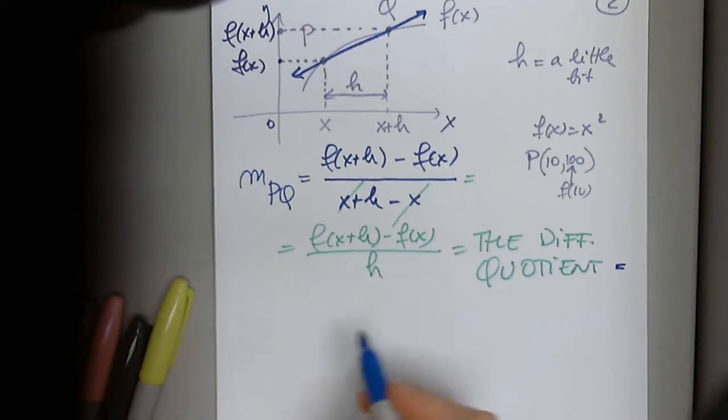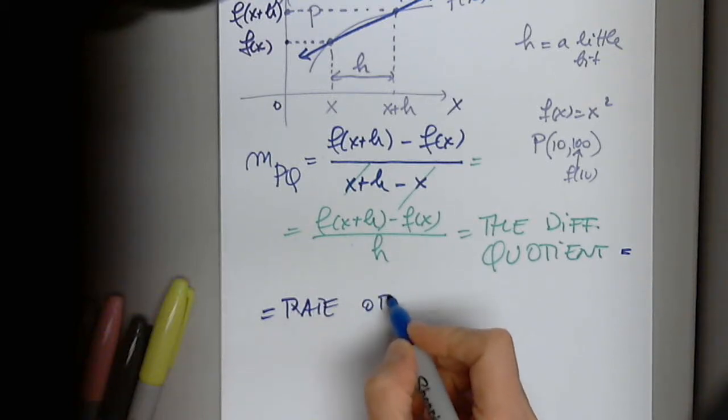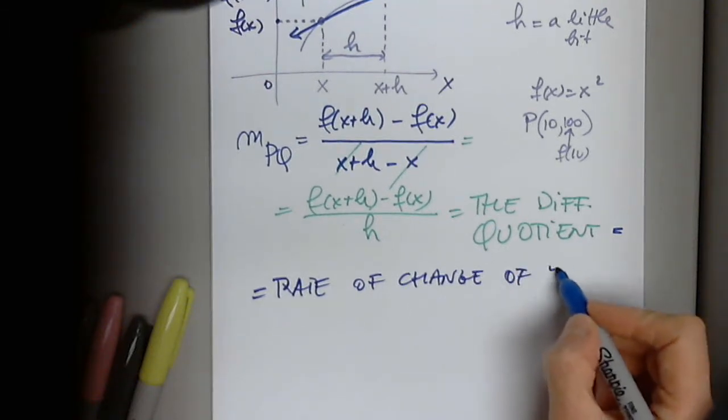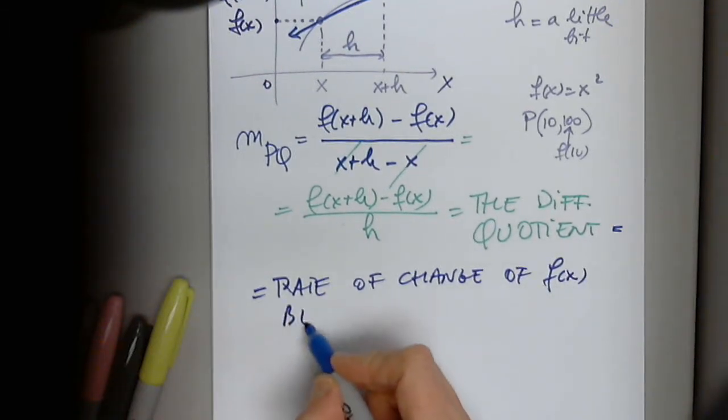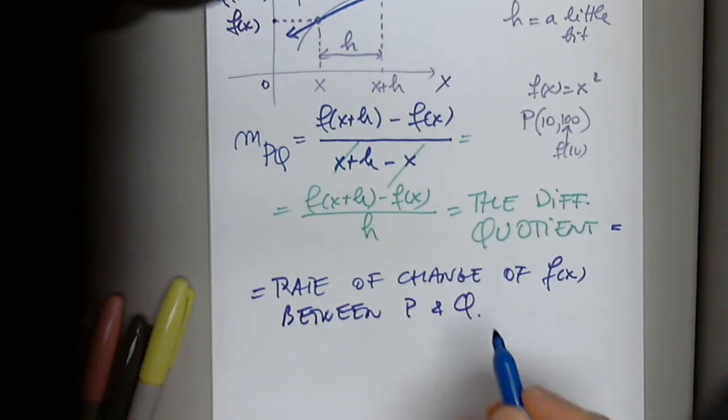The difference quotient is the rate of change of f of x between p and q. Okay, the rate of change of f of x between p and q.